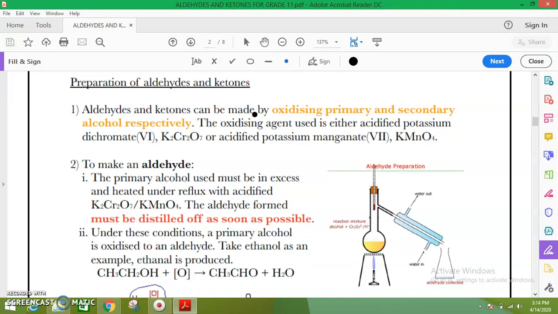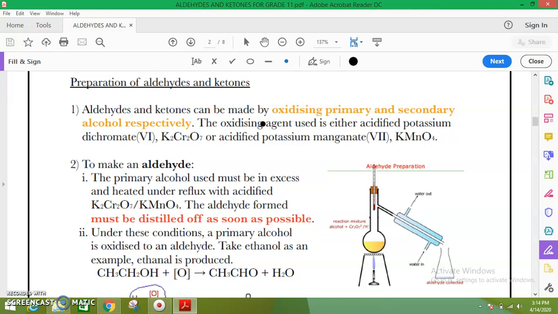Aldehydes and ketones can be made by oxidizing primary and secondary alcohols respectively. It means primary we can oxidize into aldehyde and secondary we can oxidize into ketones. The oxidizing agent used is either acidified potassium dichromate K2Cr2O7 or acidified potassium permanganate KMnO4.